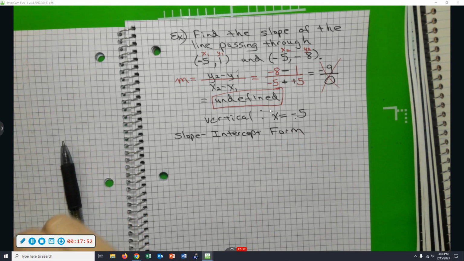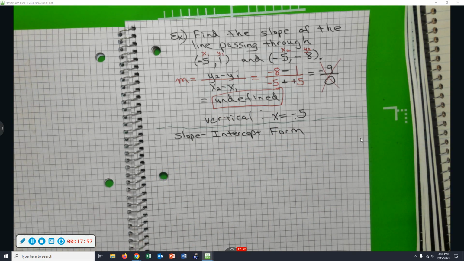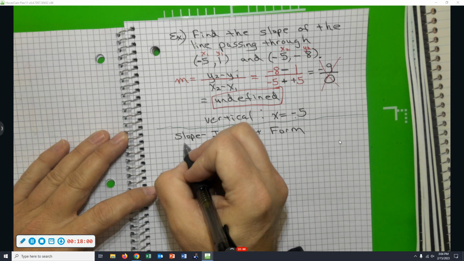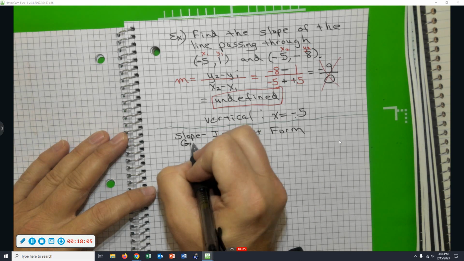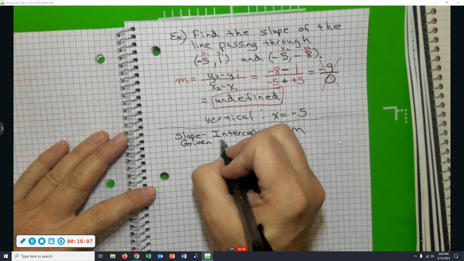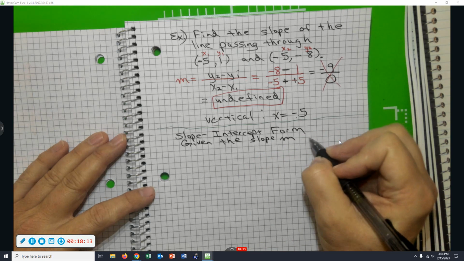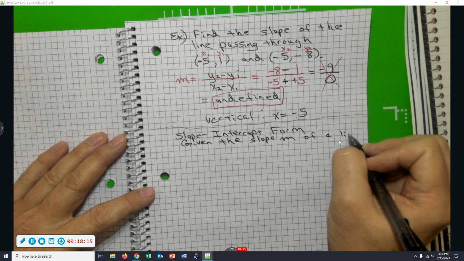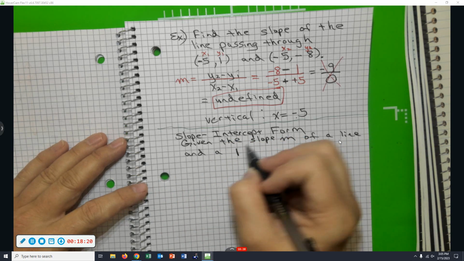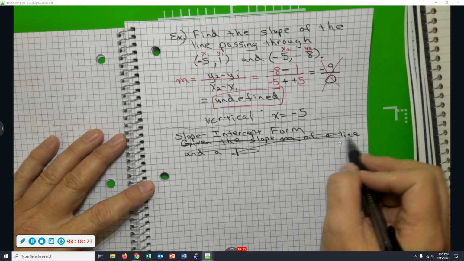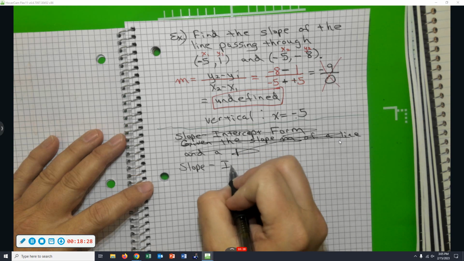I'm starting something new here, so let me draw the little green line there. Okay. Slope-intercept form.